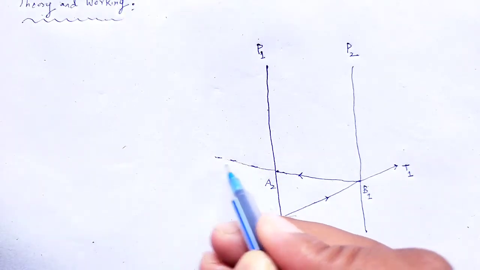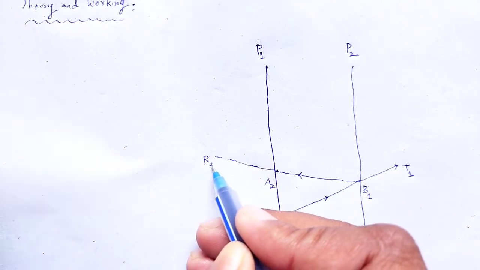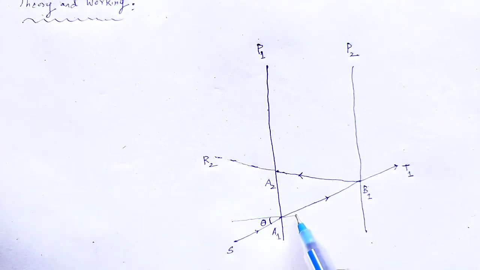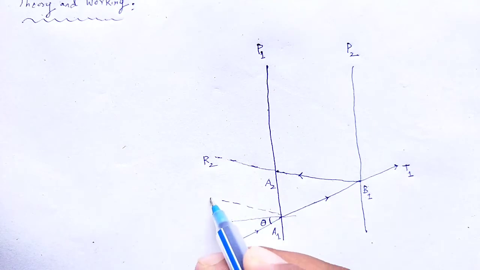We take that ray as R2. Here the reflection, it may be R1.